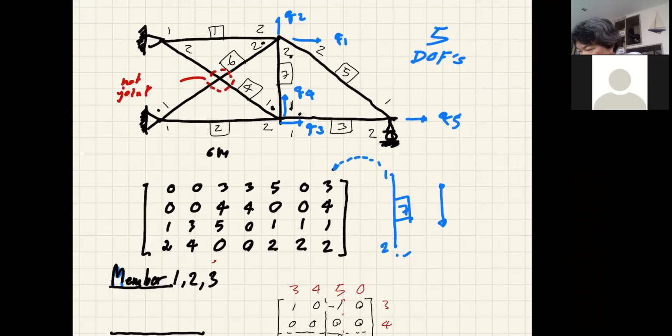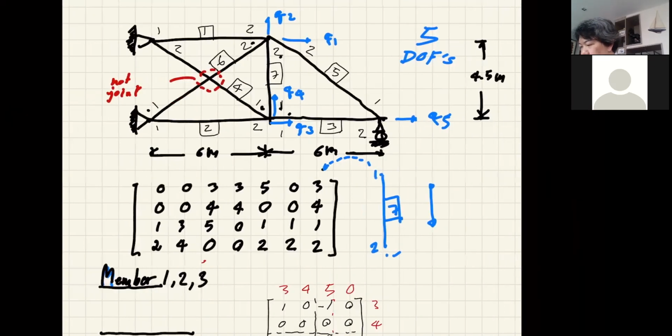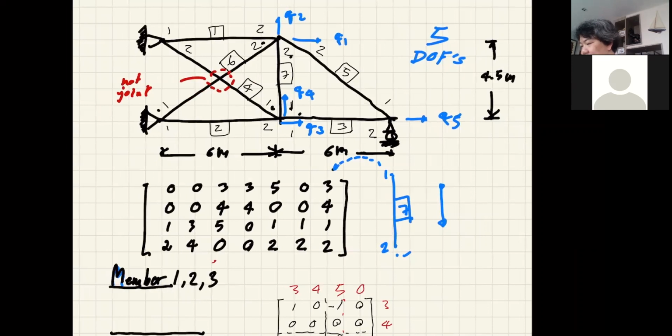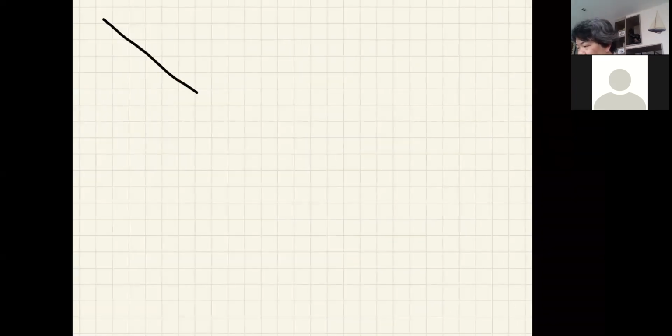This is 6 meters long. That is also 6 meters long. The height is 4.5. So for member number 4, 4.5 and 6. Basically, again, that's a 3, 4, 5 triangle, my favorite one.